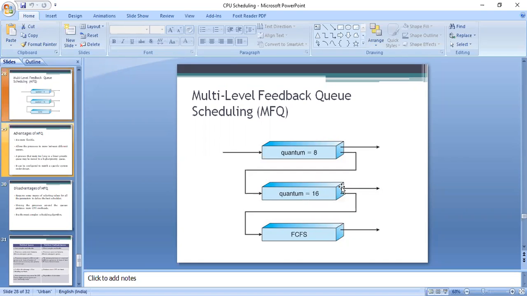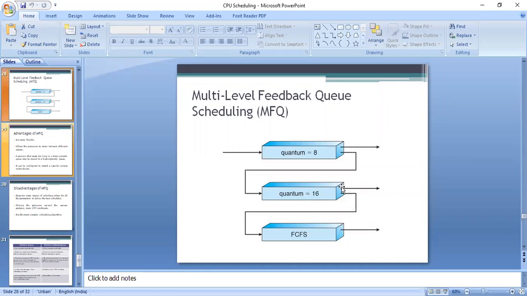So there is a possibility that if the task is not completed at the first level, it will definitely get completed at the second level. For some reason, maybe the burst time is quite high. In that case, the process will be shifted to the lowest level, where we have implemented first come, first serve, so that it will get the CPU for as long a period as it requires so that the completion can be done.